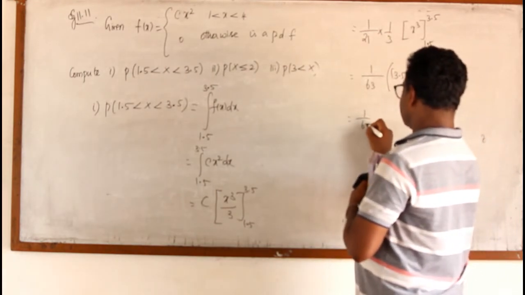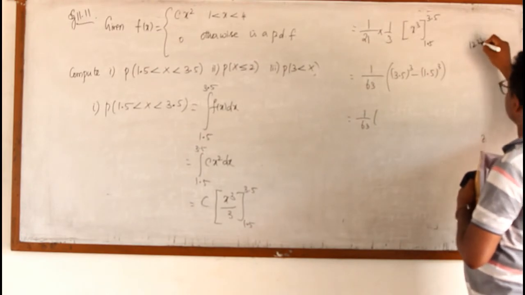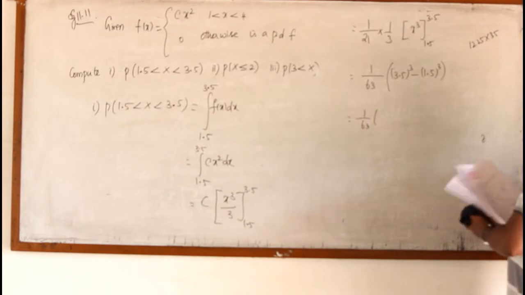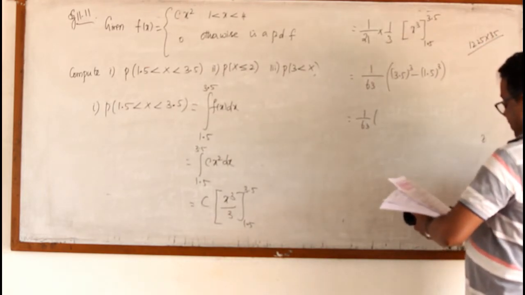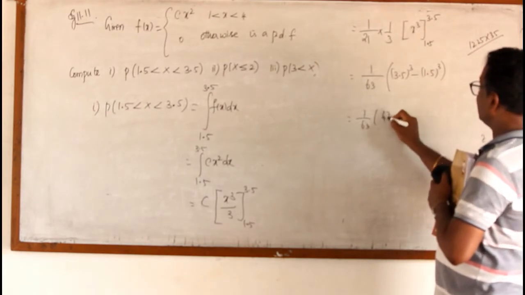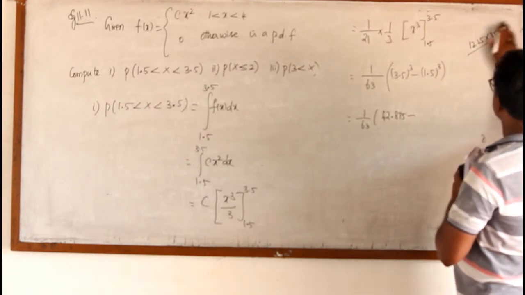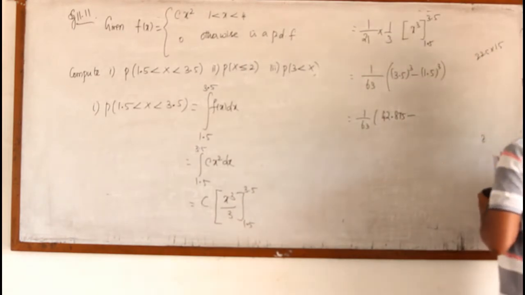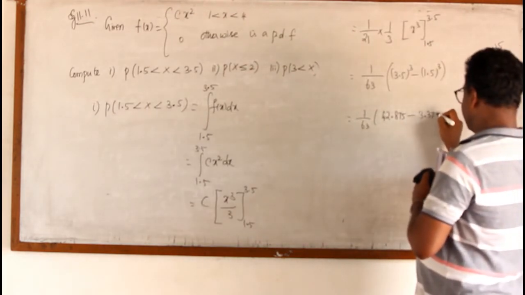It is 1 by 63. 3.5 square is 12.25, into 3.5, the multiplication gives 42.875. Minus 1.5 square is 2.25 into 1.5, when you multiply, you will get 3.375.